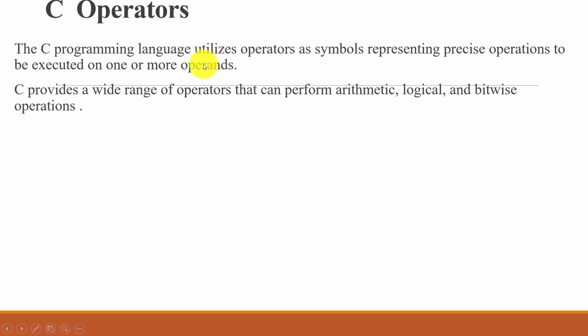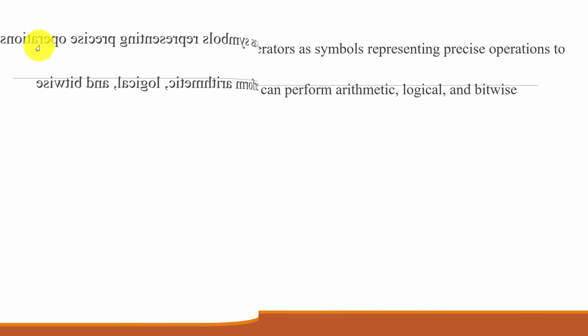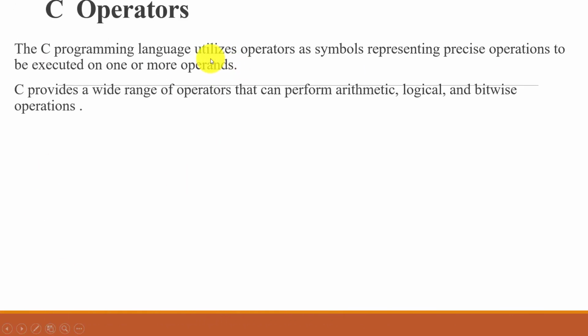Operands are nothing but simple variables or values, and operators can again be divided into unary, binary and ternary.